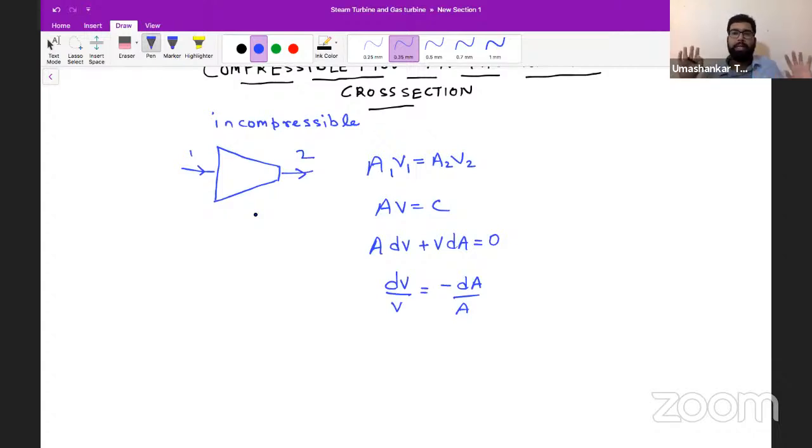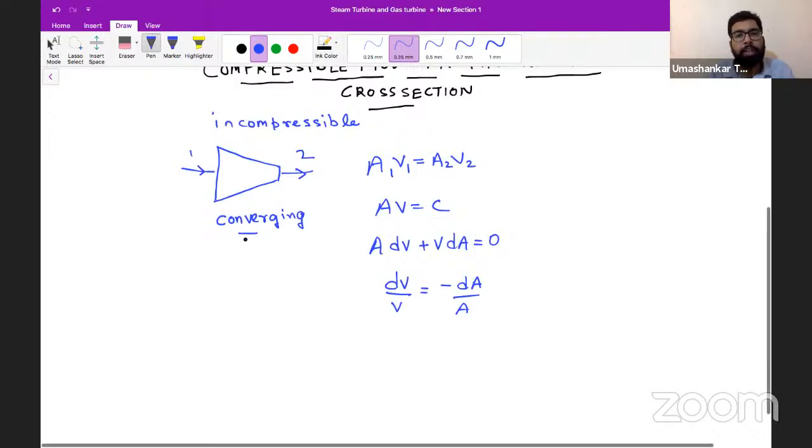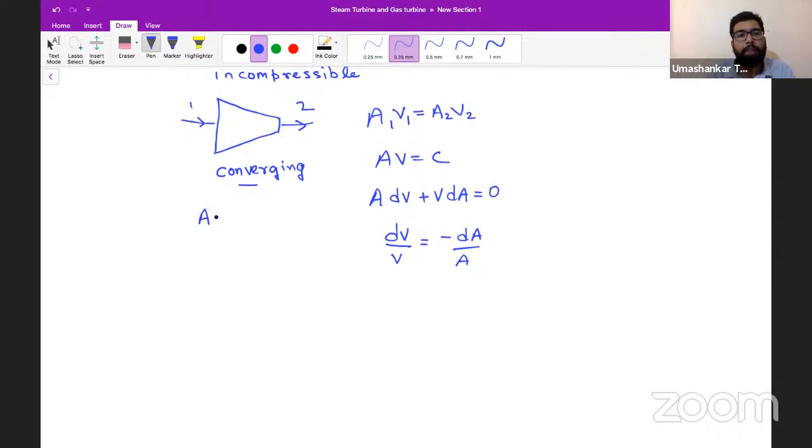It is something else. So now, if this section, if I am seeing, so we call it in English a converging section. So let's say a flow of incompressible fluid is taking place in a converging section. So in a converging section, what is happening? Area decreases.